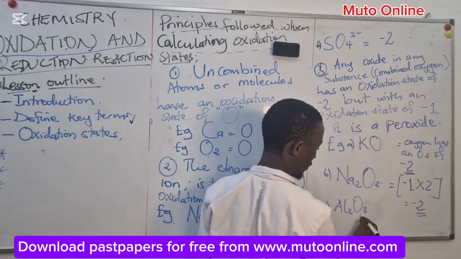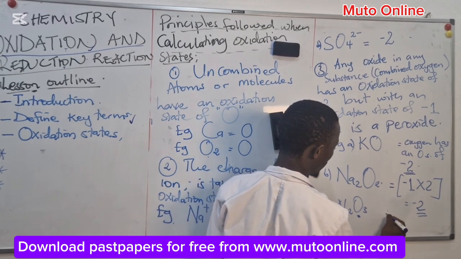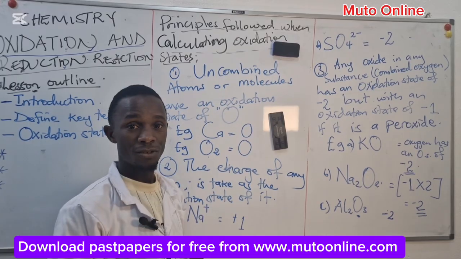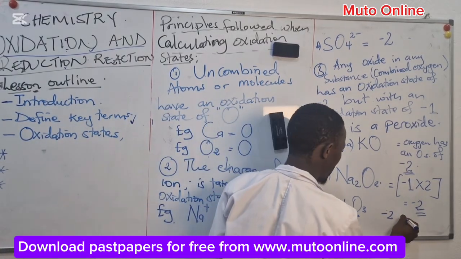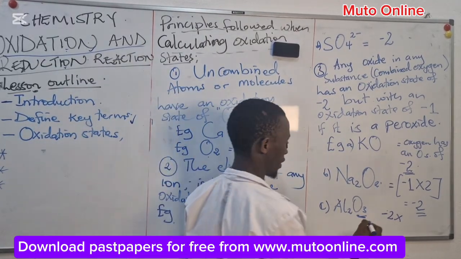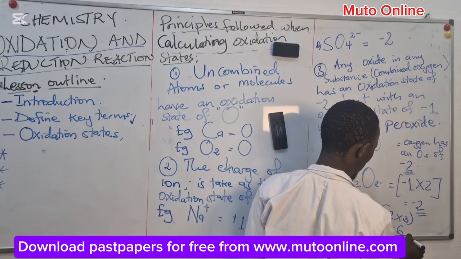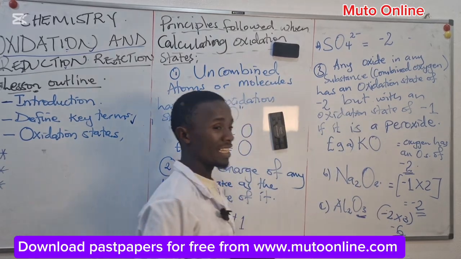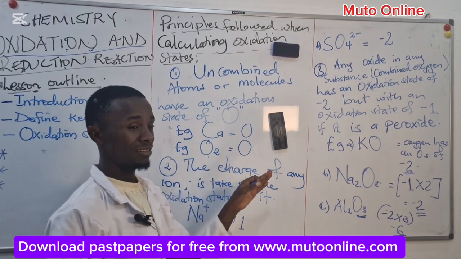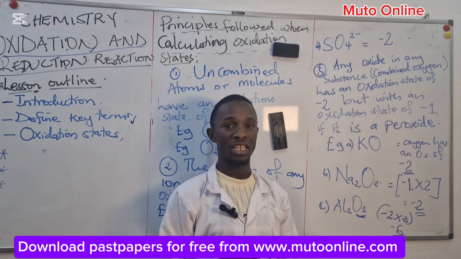So the oxidation state of this oxygen alone will be calculated as -2, which is the number of electrons oxygen needs to gain to become stable, multiplied by the number of atoms of oxygen in the compound, which is 3, giving us -6 as the oxidation state for the oxygen in aluminium oxide. So you should know this. Why did we use -1? Because here oxygen is used as a peroxide.